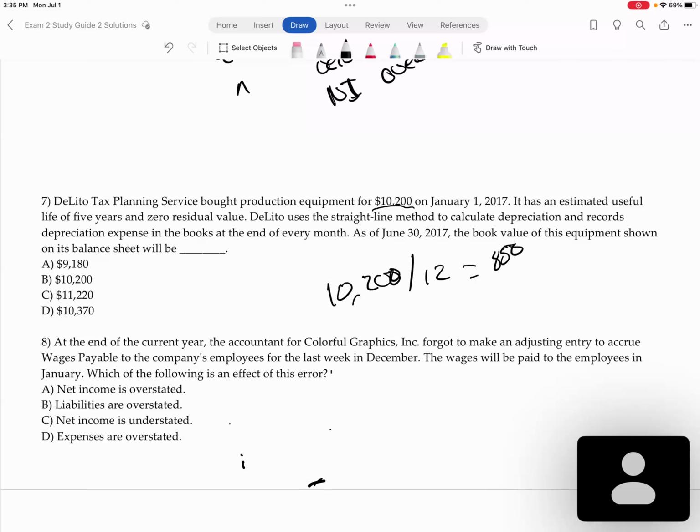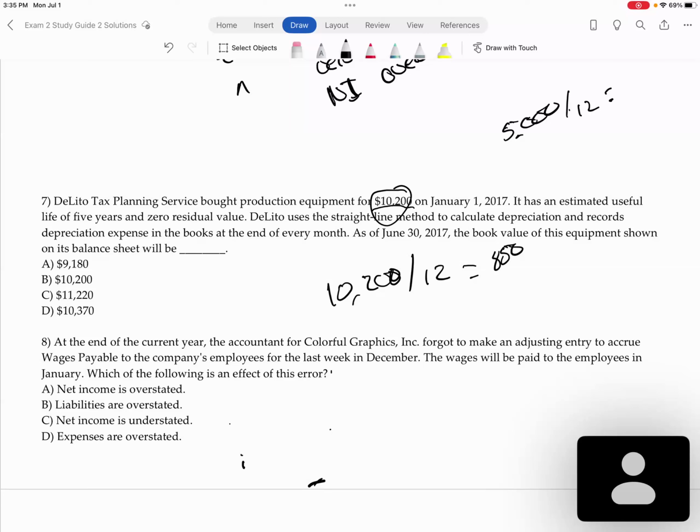Let's say it had another one that's $5,000 was the cost, and its useful life was 12 years. Then you just go 5,000 divided by 12.